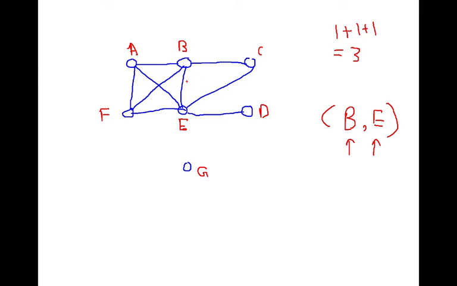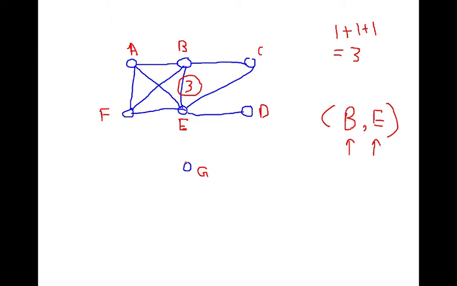So the weight of this particular edge, which is between B and E, will be 3, right? Similarly, we will be computing the weight of other edges as well. So basically, this 3 indicates the strength of the connection between B and E, because they have this number of common friends.